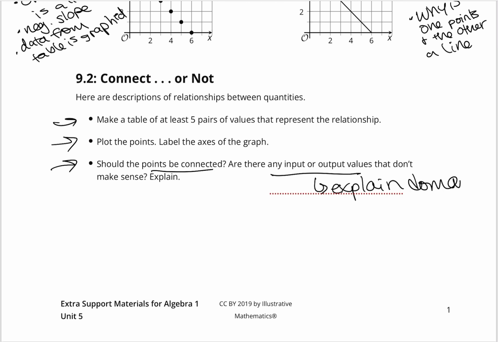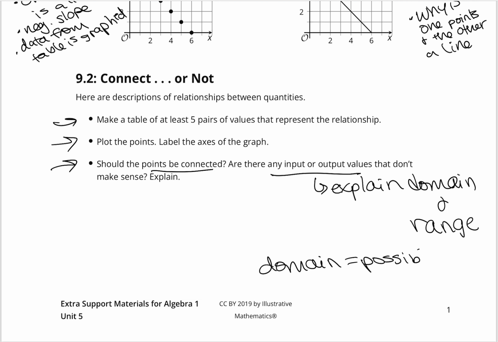Remember, domain is the possible input values or possible x values. And the range is the possible output values, the possible y values.